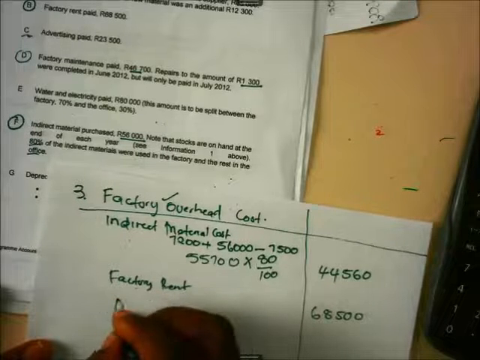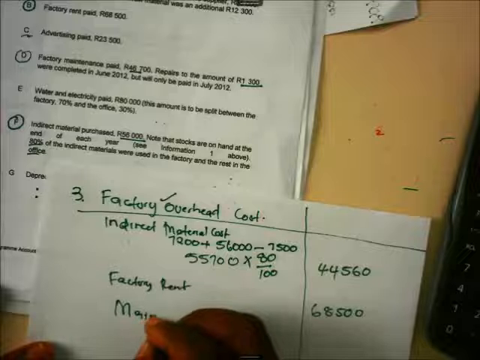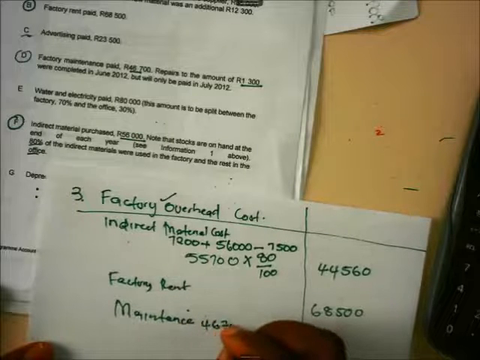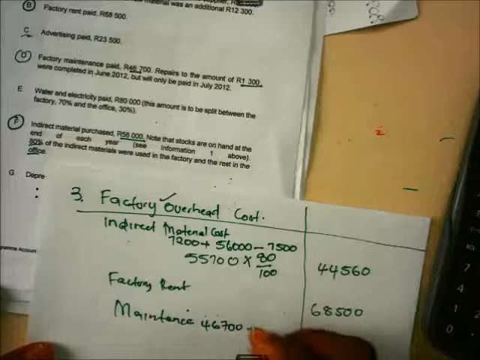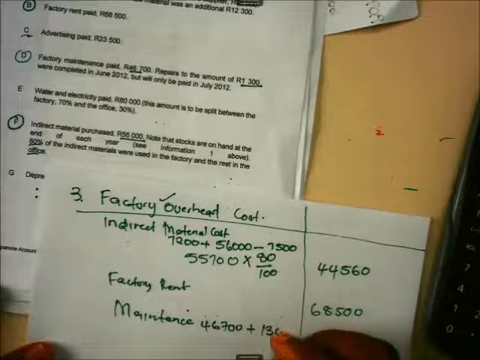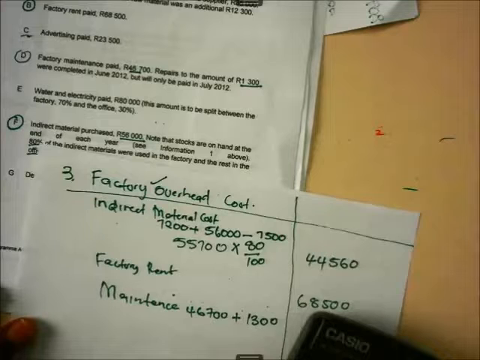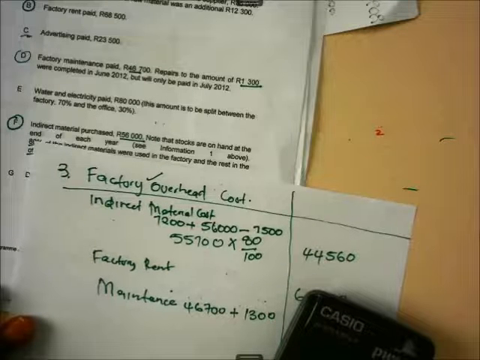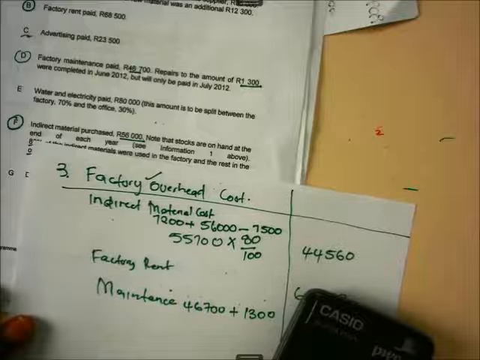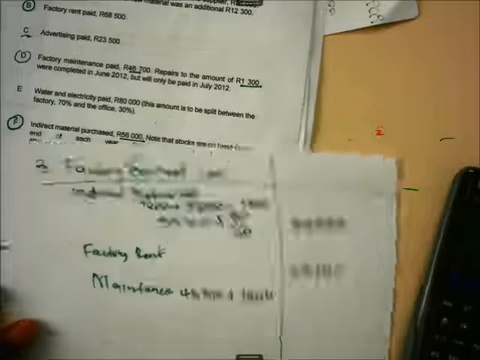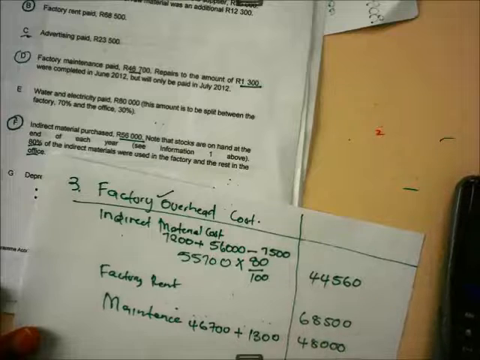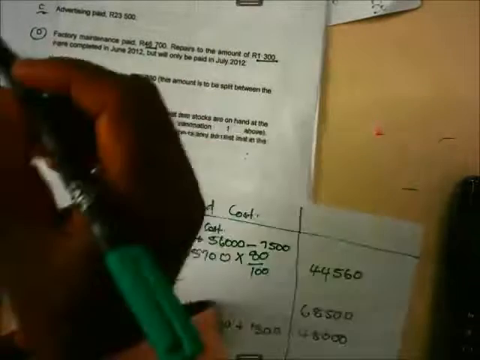So maintenance is 46,700 plus 1,300 to get the total maintenance for the year. The total factory maintenance is 48,000.